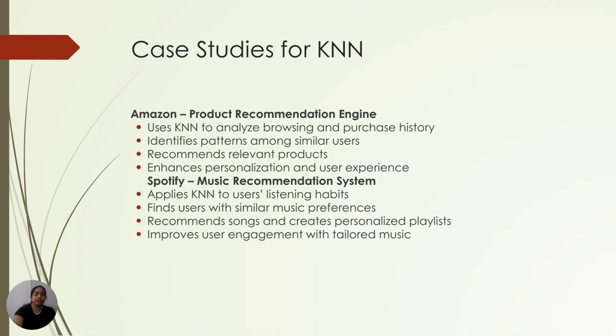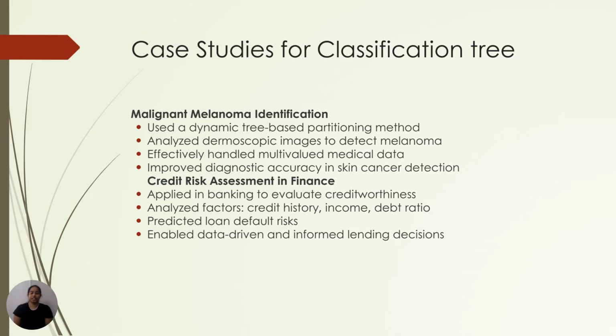Moving on to the next slide, case studies for the classification trees. Here we have two case studies. The first is malignant melanoma identification. In this case study, a tree-based classification method was used to analyze dermoscopic images to identify this disease, so that complex data can be handled effectively using the classification tree.